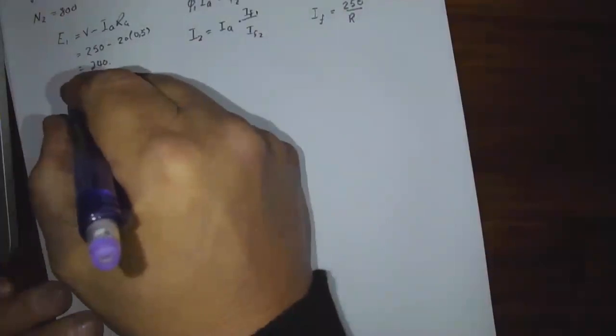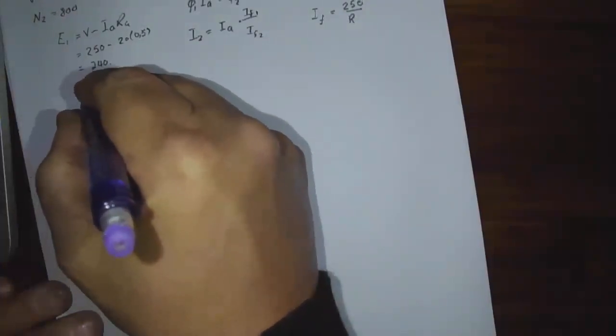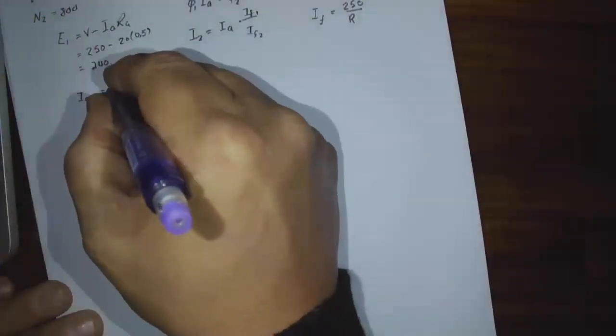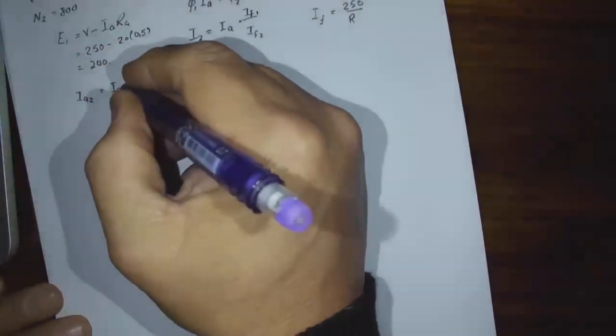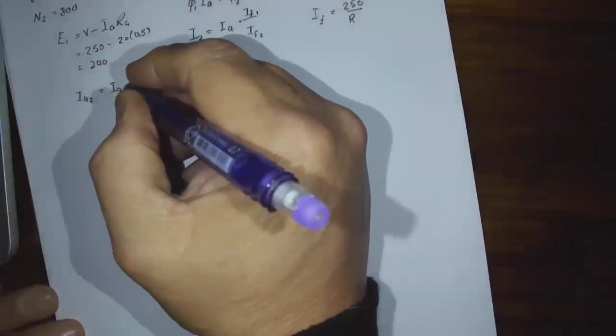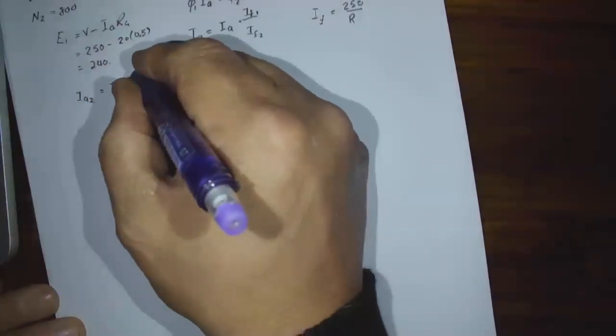So now we must find what it is. So IA2 is equal to IA1 times 1 over 250 over R. No?